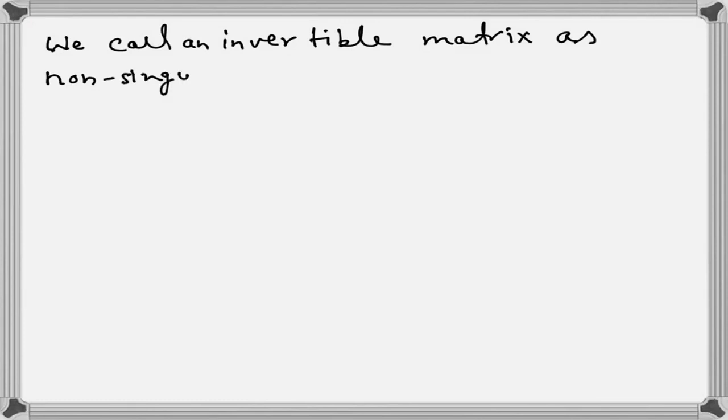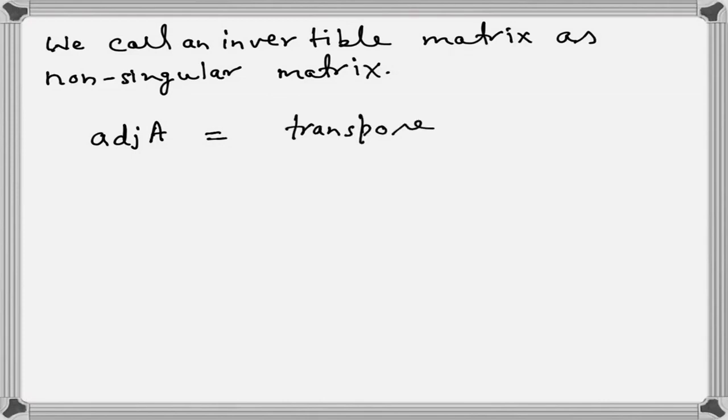This is another name, non-singular matrix. So we know how to calculate the determinant. Now what is the adjoint? The adjoint of A is nothing but the transpose of the cofactor matrix.